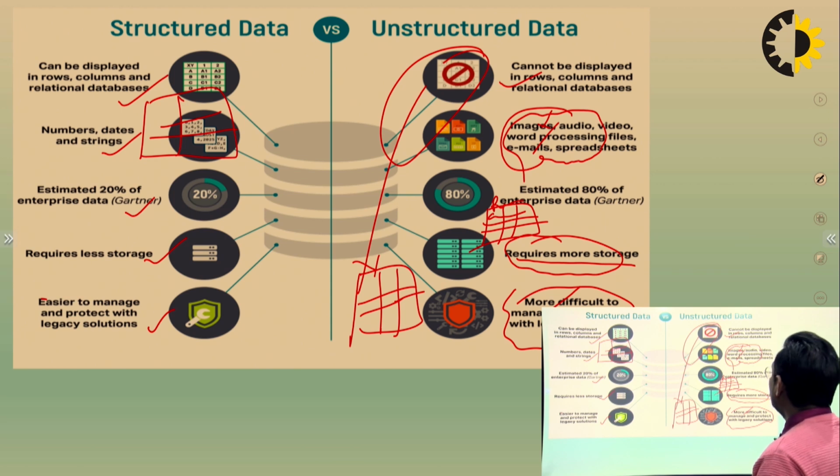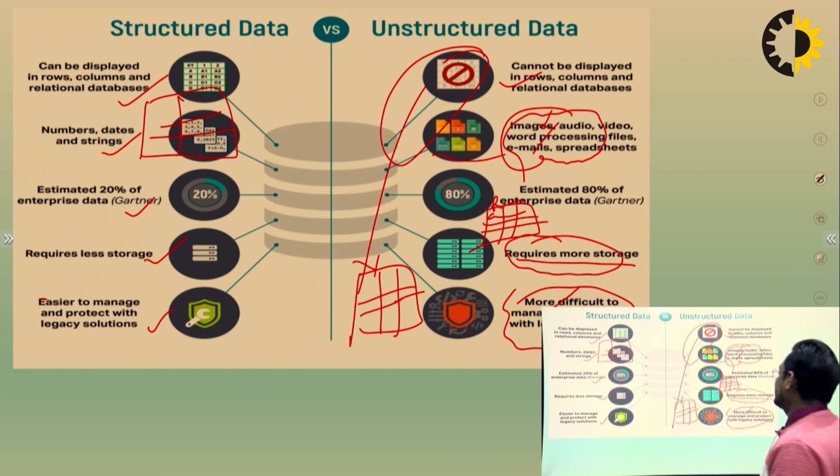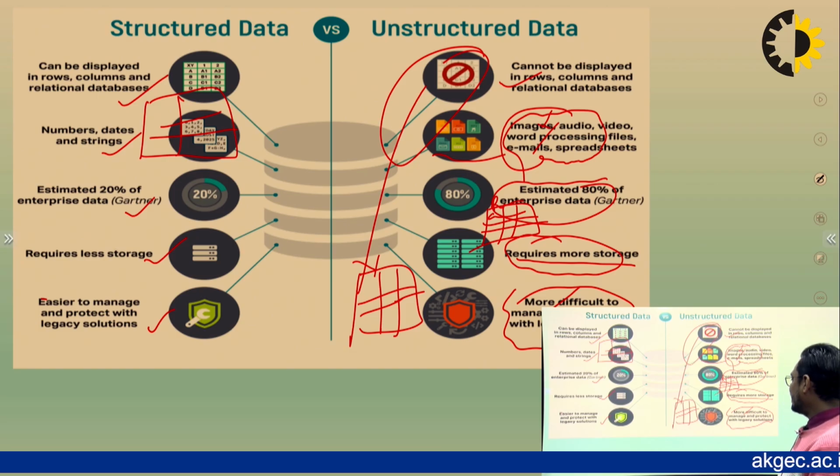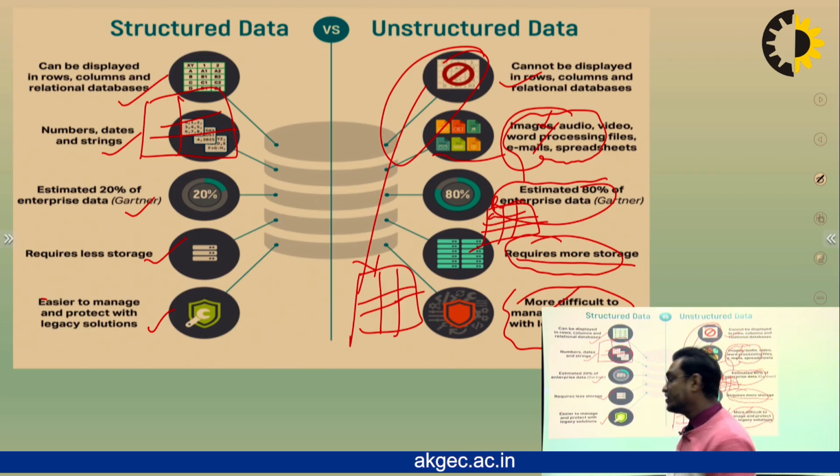Audio, videos, word processing files, email and spreadsheets are examples. It is estimated that 80% of enterprise data is unstructured, requires more storage, and is more difficult to manage and protect with legacy solutions.